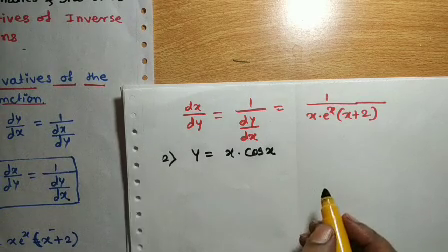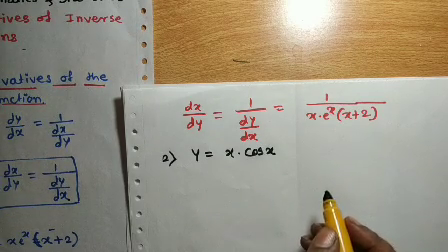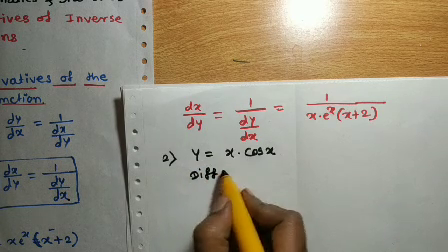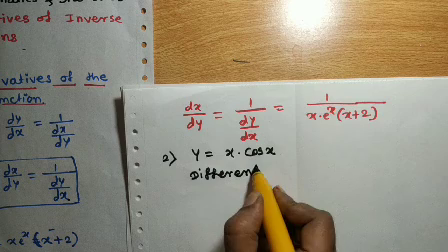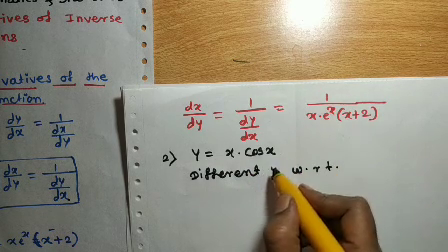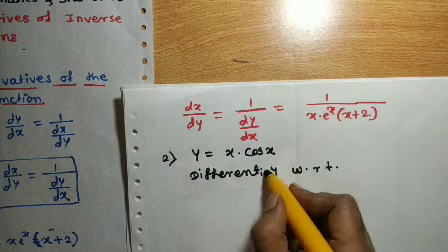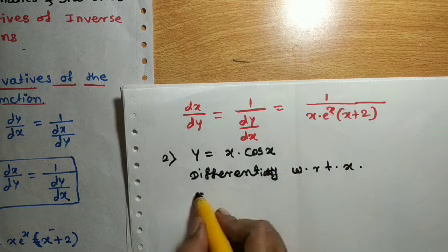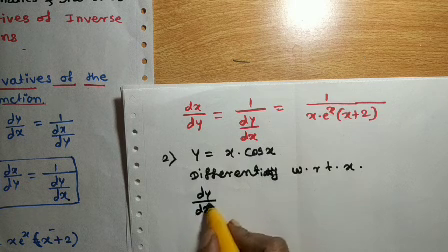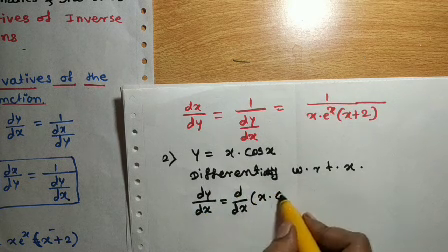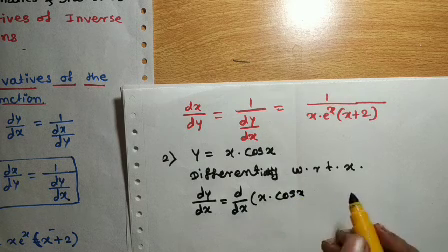In this way, we solve this second example too: differentiate y with respect to x, we get dy by dx is equal to d by dx of x into cos of x.